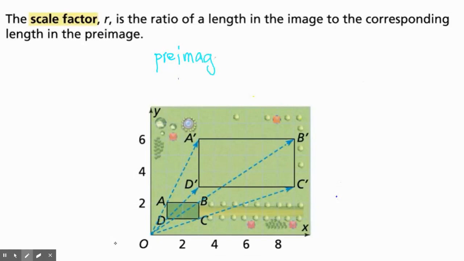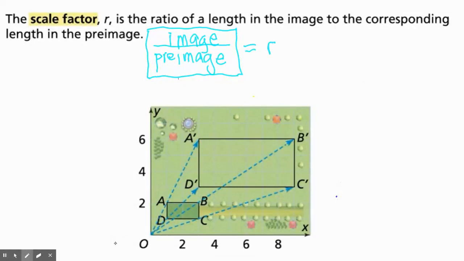Image to pre-image. So I want you to remember this ratio right here. Image to pre-image is equal to R.